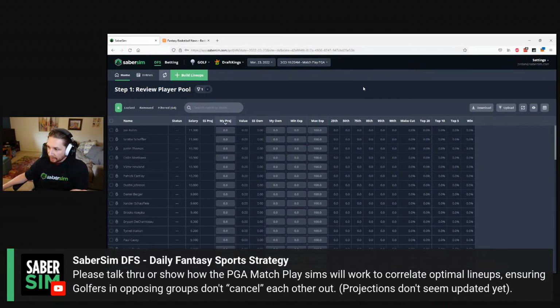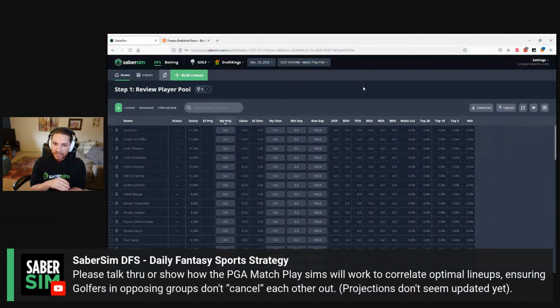Obviously only one guy can win, so you can't pick all 6 guys that can win, but you almost never, you probably just never want 2 players that are starting in the same group. And if you look at the bracket, you can make sure that all 6 golfers can end up in the final 8, for example. It's basically like a bracket for those of you that aren't familiar with this.